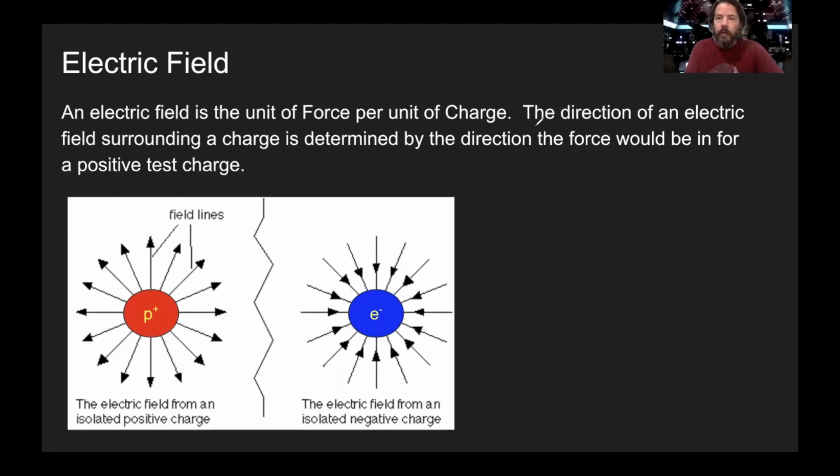So if I gave you a random charge and I said, okay, you have a positive charge, what's the electric field look like? So field lines, positives always go away and they go from the center of the charge. Okay.